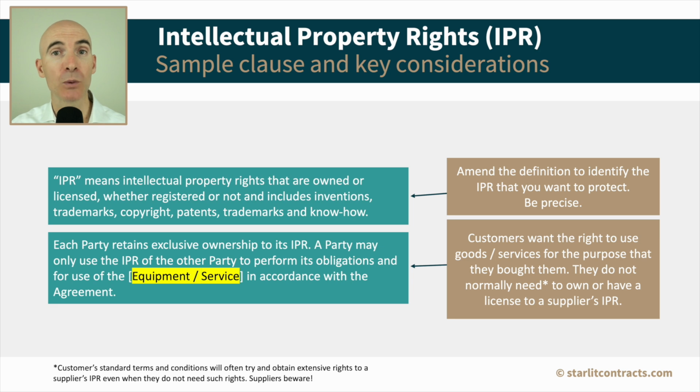In some cases they will, in some cases they won't. But if a license is required, then a supplier should be taking into consideration, would there be any additional fee for the customer to pay on a monthly or yearly basis in order for them to use that license? If a customer does not need a license in order to use the works which are provided by a supplier, then in many cases this clause would be sufficient.